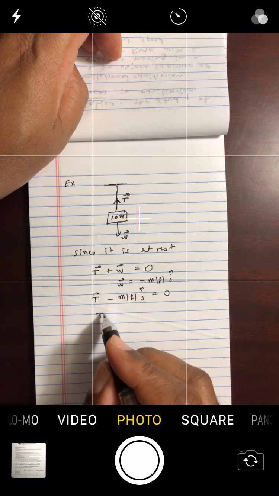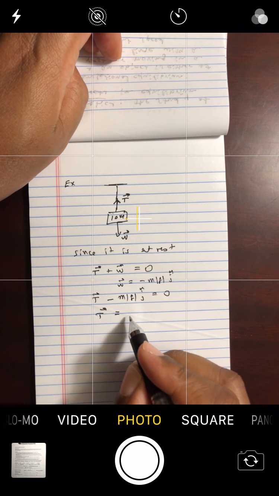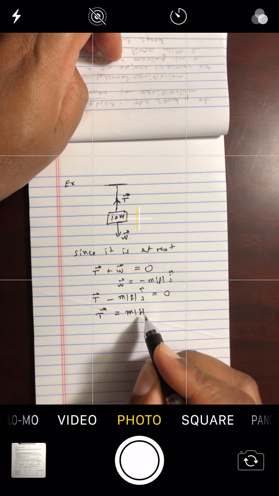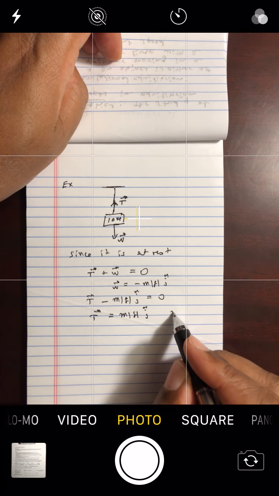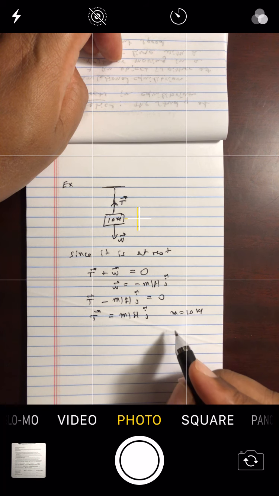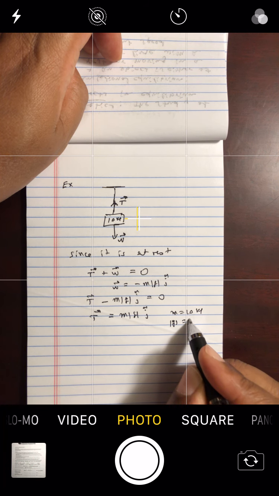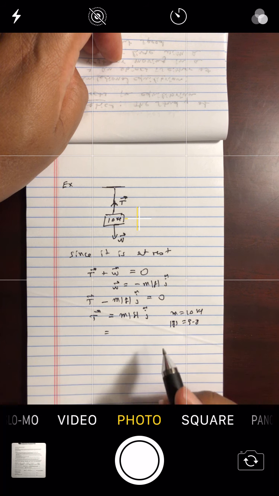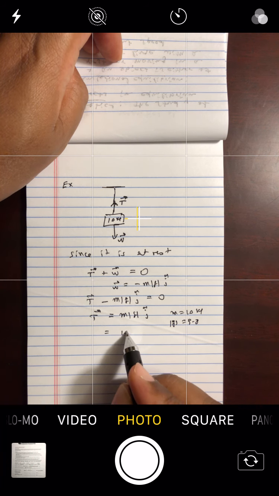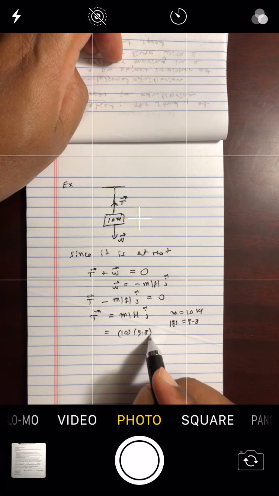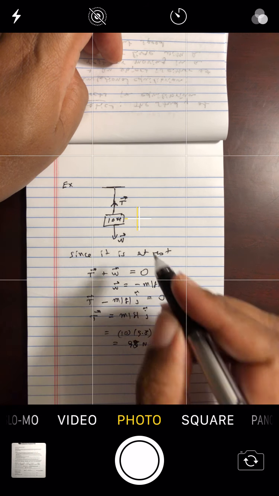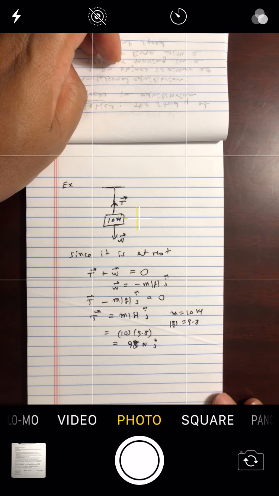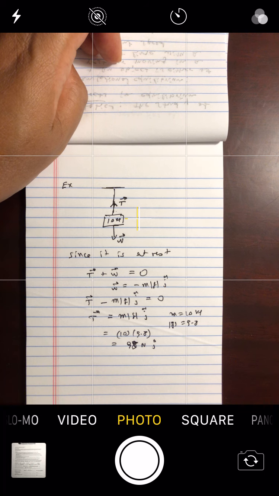The tension pulls up by an amount equal to the weight. The mass is 10 kilograms and gravity is 9.8, so that is 10 times 9.8, which is 98 newtons in the j direction. This is using the vector equation.